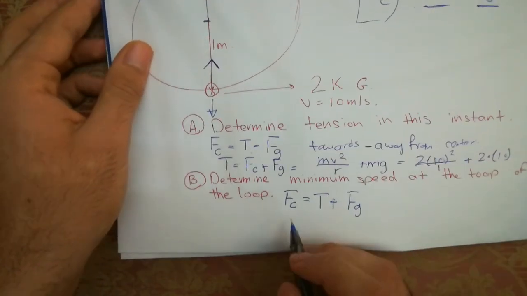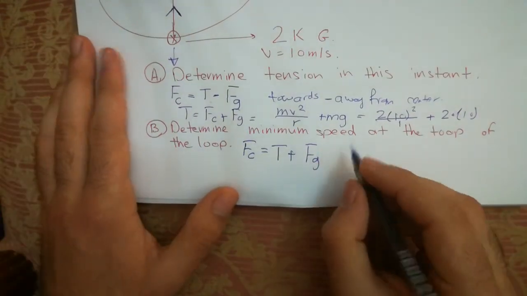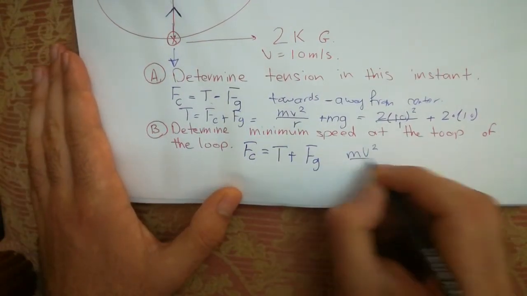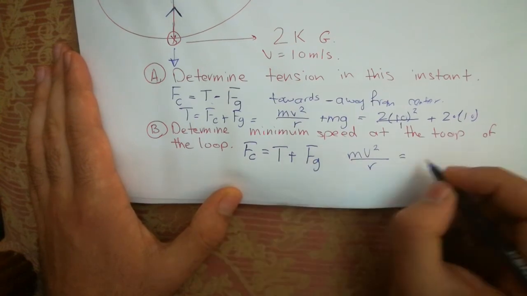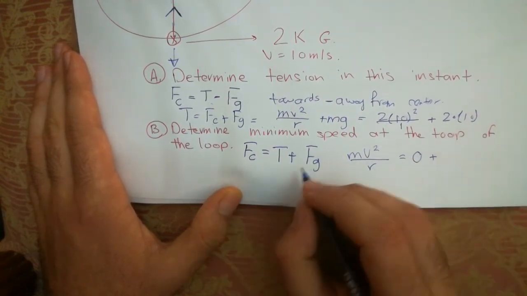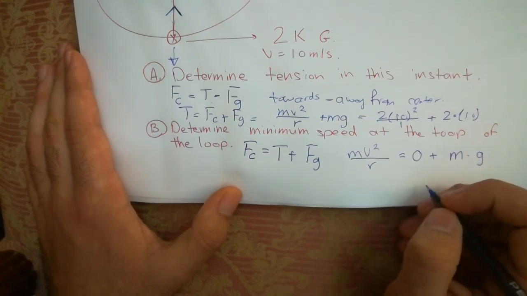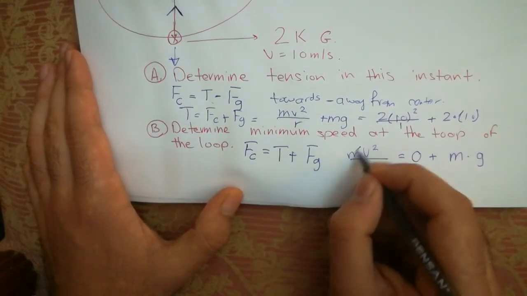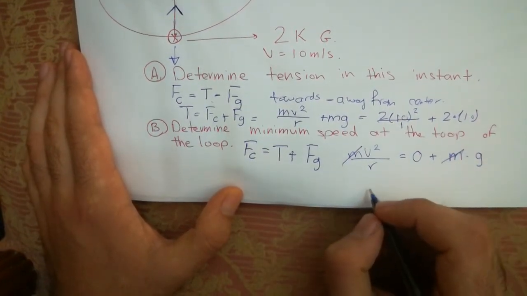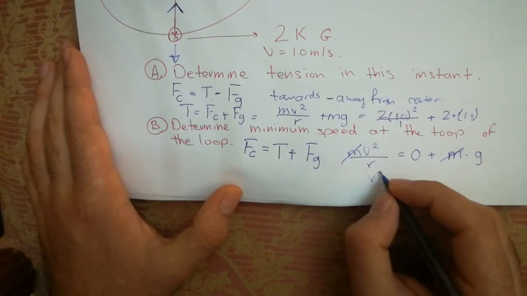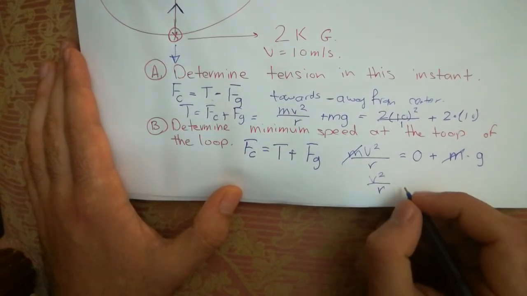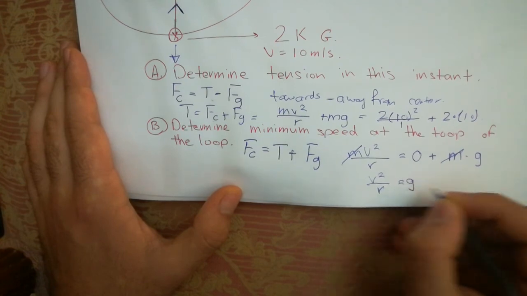And so the centripetal force, what is the centripetal force? It's mv squared over r is equal to 0, the tension is 0, plus m times g. And we can remove the m's. And we have this very important rule that you better memorize. V squared divided by r is equal to g, which is acceleration.